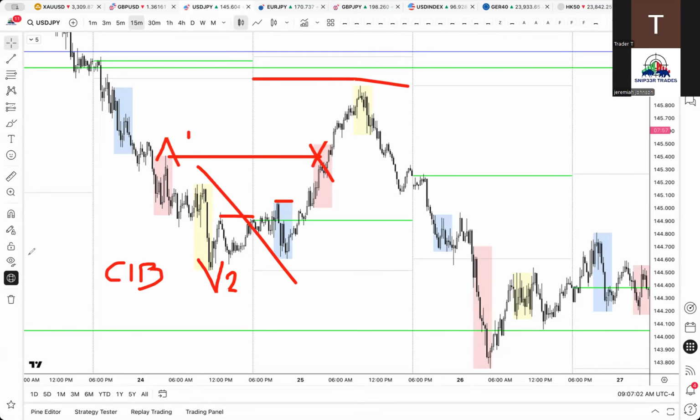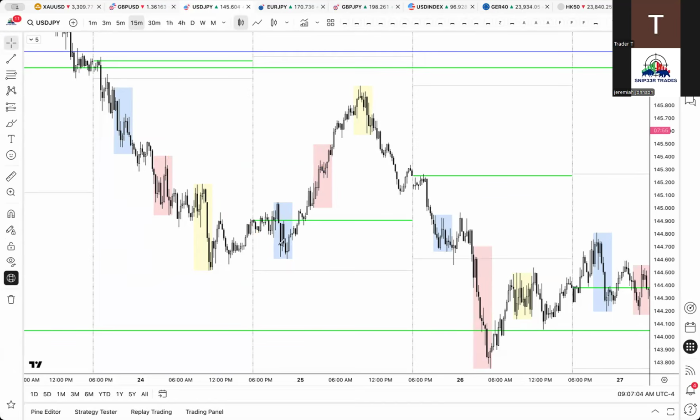Now they do give a dump and pump the very next day with a peak formation low in Asia, a high in London. They finally go backside. So I have step one, step two, step three in the beginning of a rollover for the collapse. Now they give new lower lows for the further collapse, but this is a larger setup.